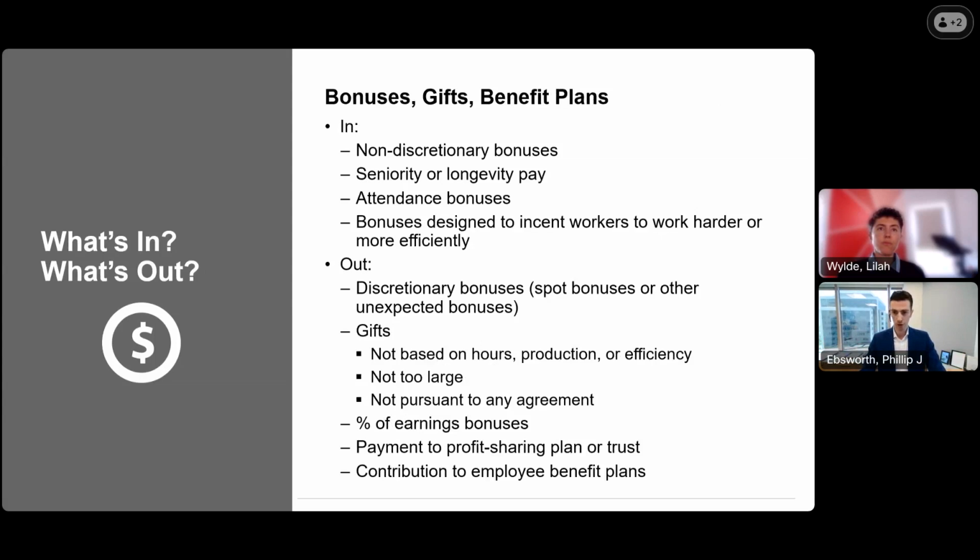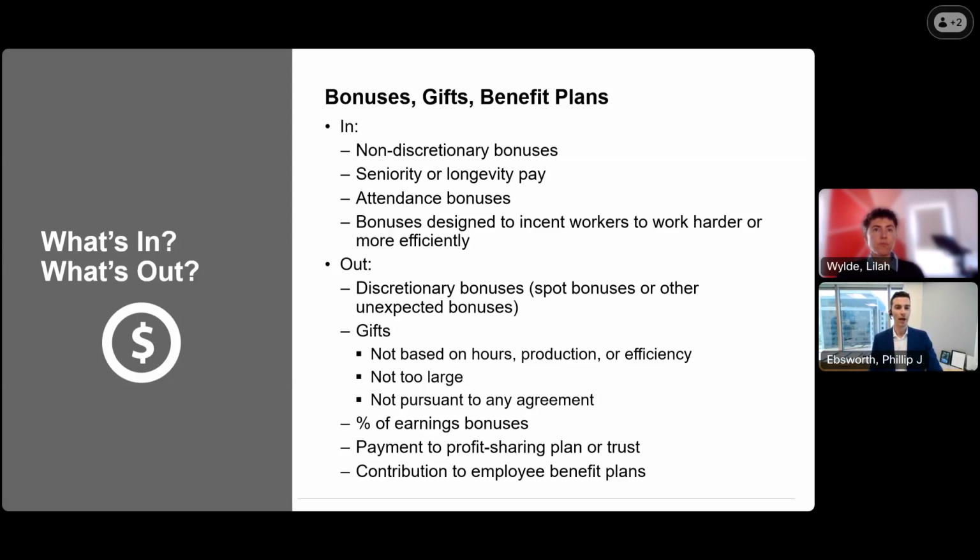What we don't include is truly discretionary bonuses. These are not as common as you may think. These are things where there is truly no expectation that an employee could have that they will receive these bonuses. So think of an on-the-spot bonus issued by a manager for a good job, for example. Other things we don't include in terms of bonuses are gifts and percentage of earnings bonuses.